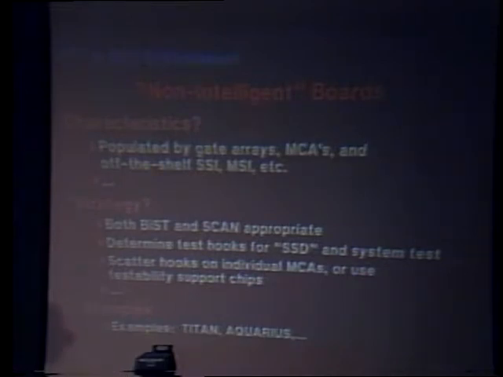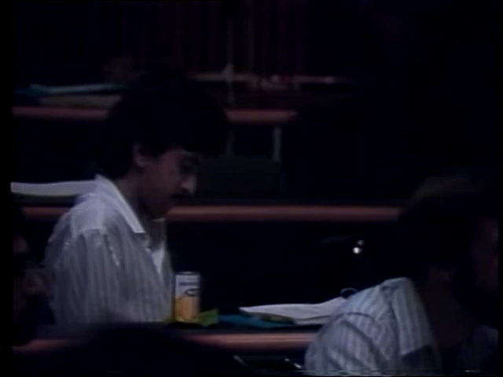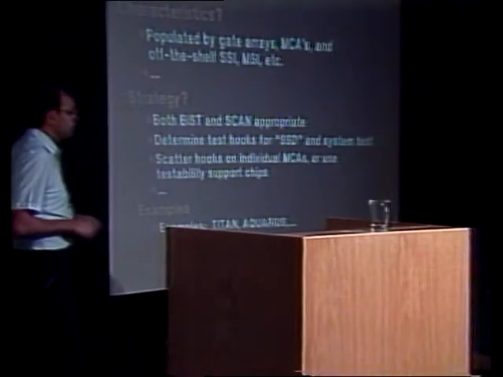But the strategy should be to determine test hooks which may support the SDD, symptom-directed diagnosis. And also, we may also want to consider putting test hooks on module which would support system-level test and diagnosis.